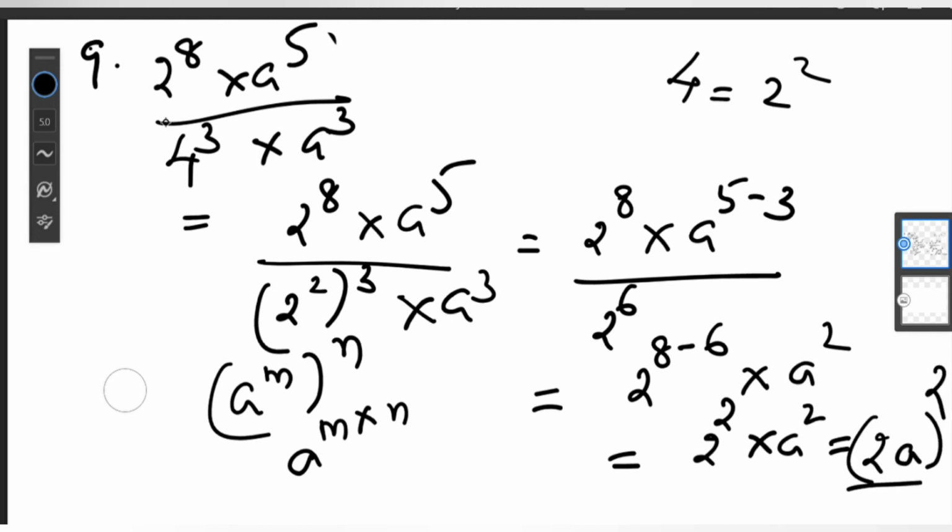As these squares are same, we can write it simplified as 2a whole square. It's also same, no? That is what we have done here, 4 is written as 2 square. Then we simplified, that is division it is here. So 8 minus 6 into a square, 2 square into a square. It is 2a whole square.